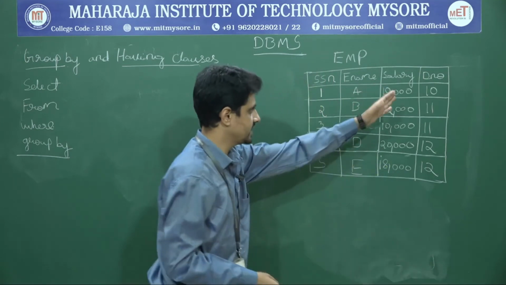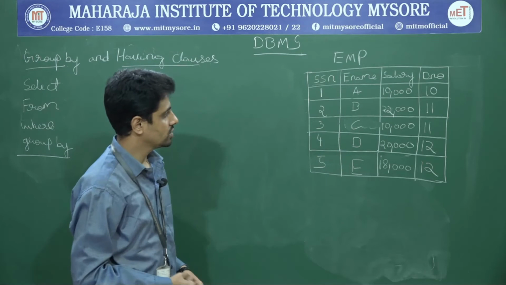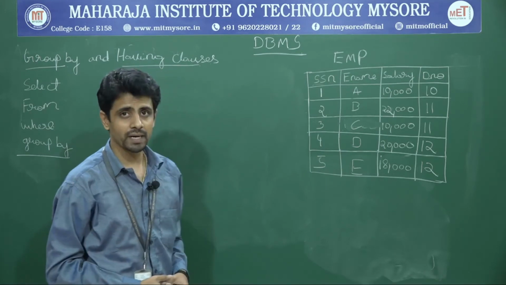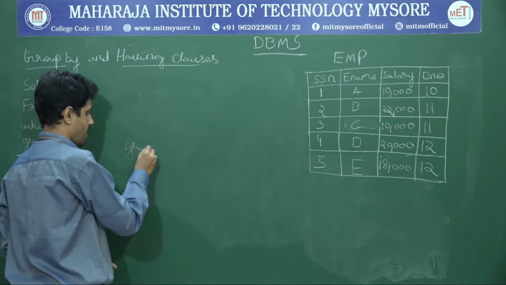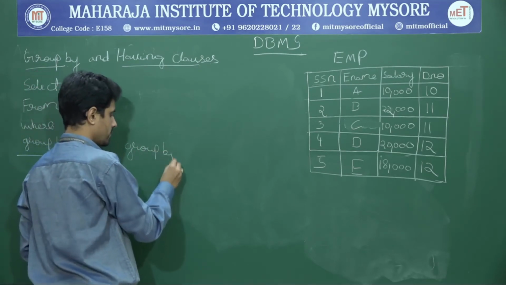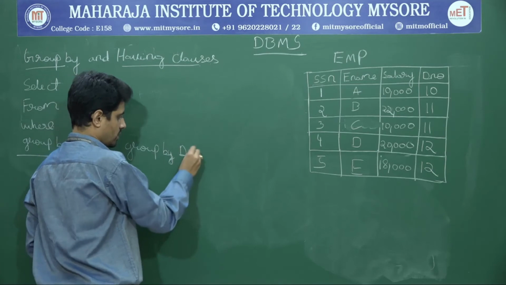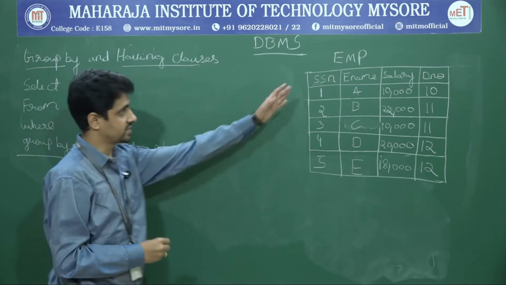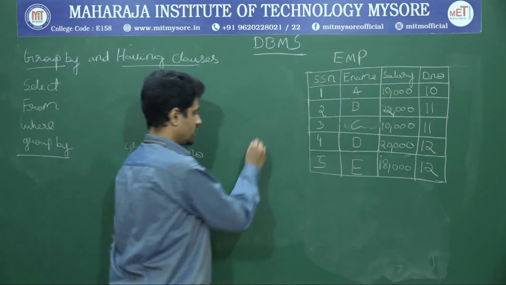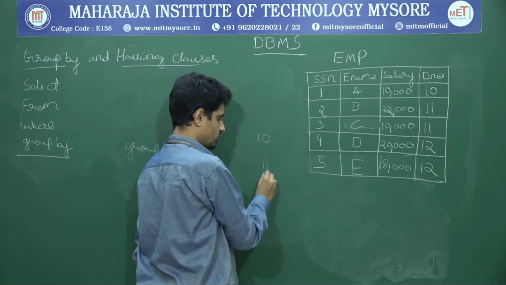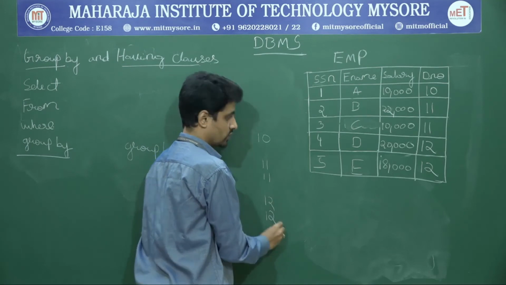Say for example, in this example, group by D number from this table. What happens? How many groups are created? 3 groups are created. 10 is one group, 11 is one group, and 12 is one group.